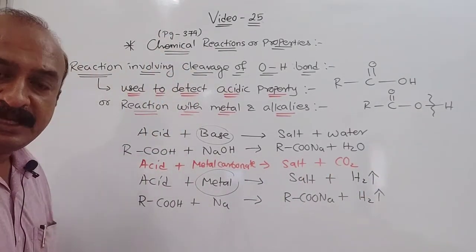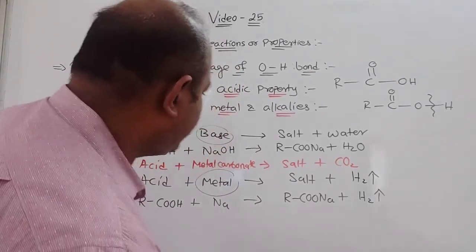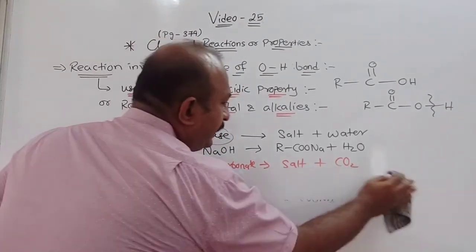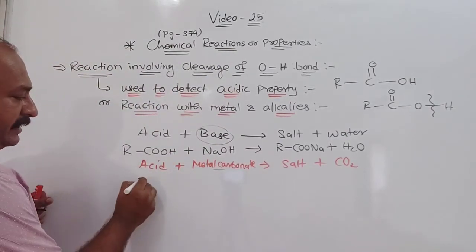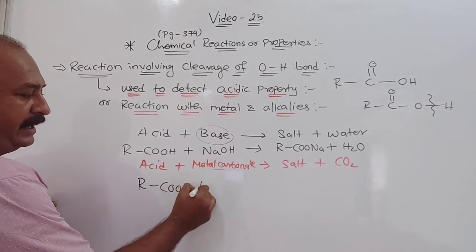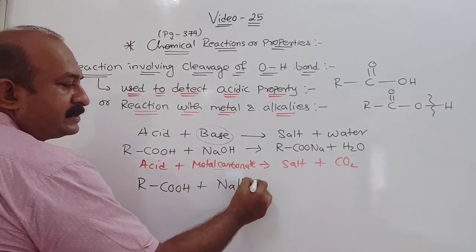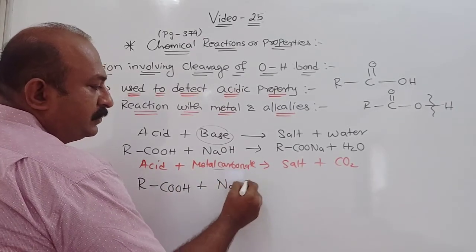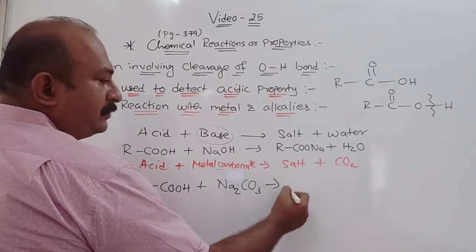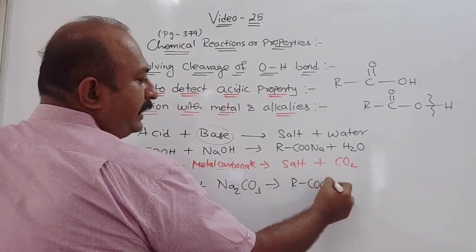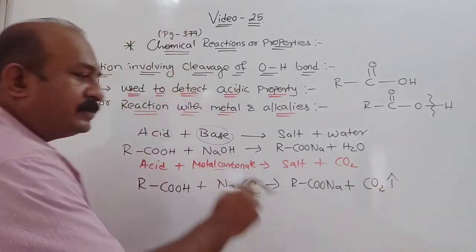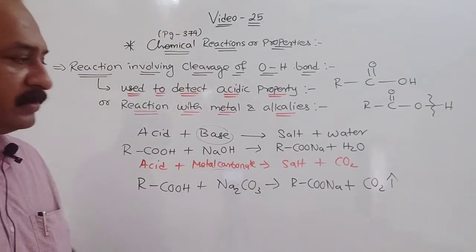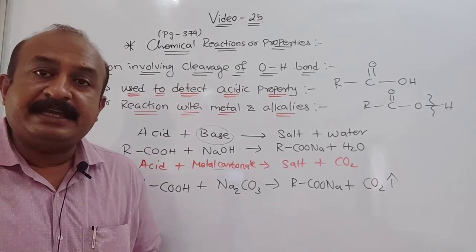In your textbook, this reaction can be written like this also: if I take the acid as RCOOH and the metal carbonate as NaHCO3 or Na2CO3, you will get RCOONa plus CO2 gas produced. So this is also a test used to detect that it is acidic in nature.